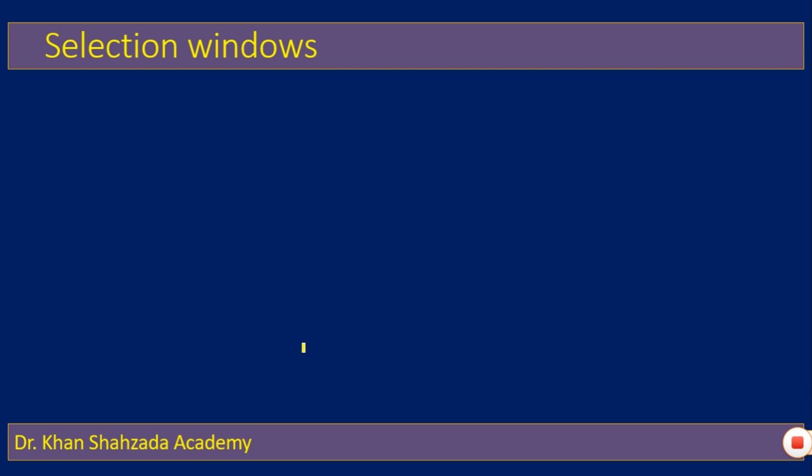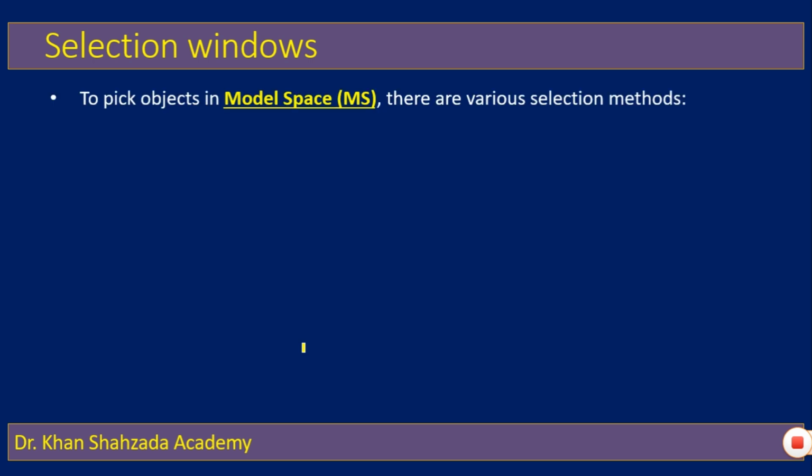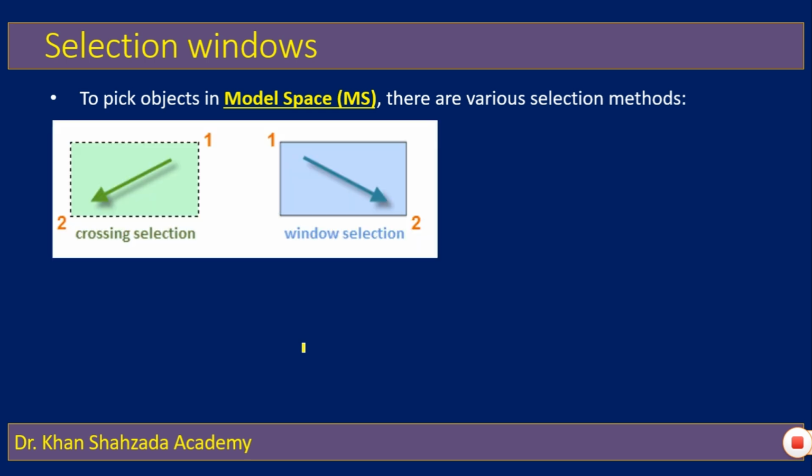Now this is about how to select different objects in Autodesk Civil 3D. Basically we have two types of selection: one is box selection and the second one is lasso selection. First I am going to discuss box selection. In box selection we have two types: window selection and crossing selection.